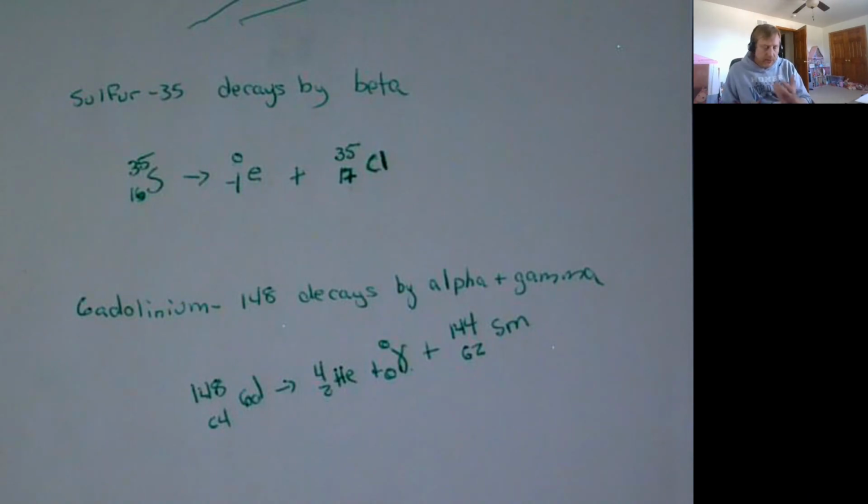Alpha reduces the mass number by 4, reduces the atomic number by 2, and gamma doesn't do anything except just have to be reflected that, hey, this thing's going to shoot some highly energetic rays out, so that might be kind of pertinent to people who are handling that material.